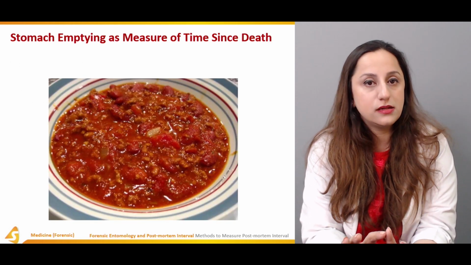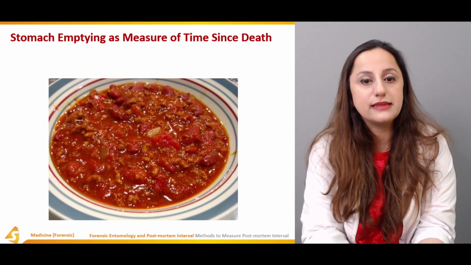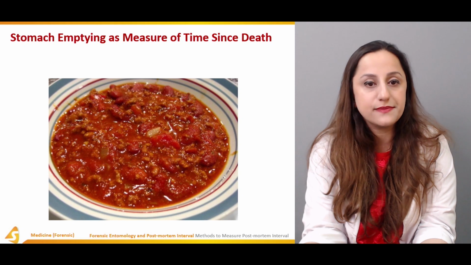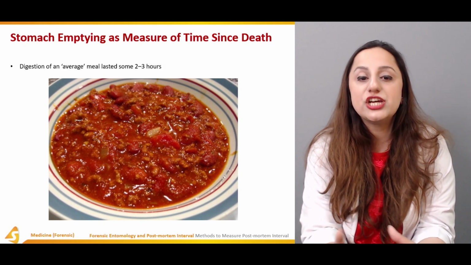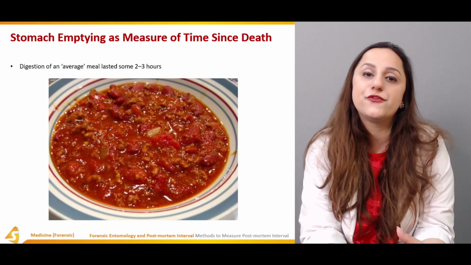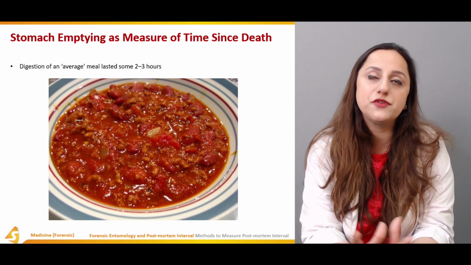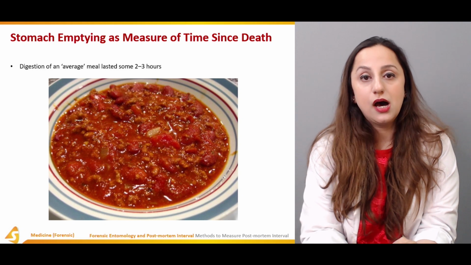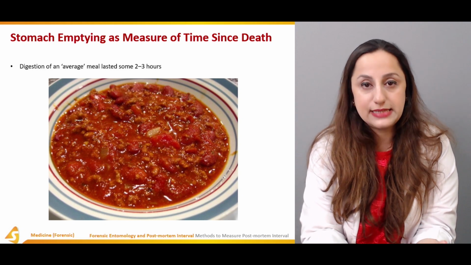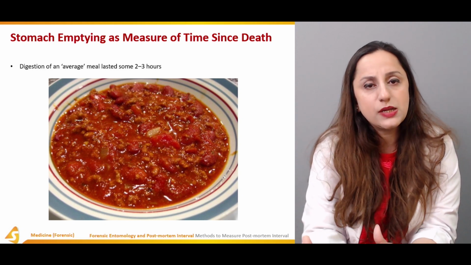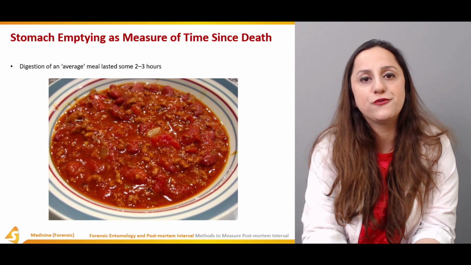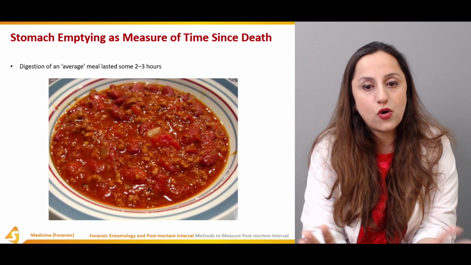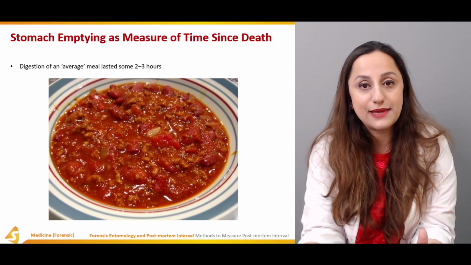Now, on a broader scale, we can say that stomach emptying can also be used as a measure of time since death, and digestion of an average meal lasts about 2 to 3 hours. We have to keep in mind that the digestion of the meal is the mainstay. So there can be particular variations depending on the type of food that the person has taken before death. So they can contribute to the calculation of the time since death.